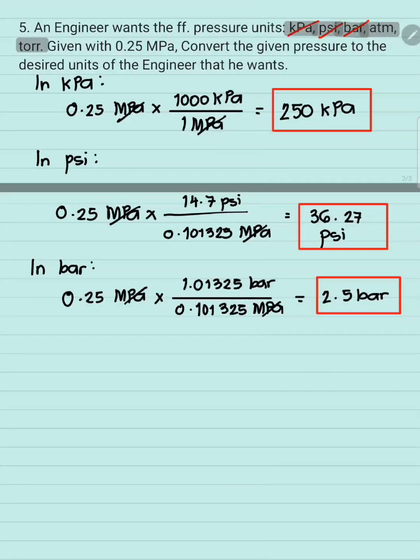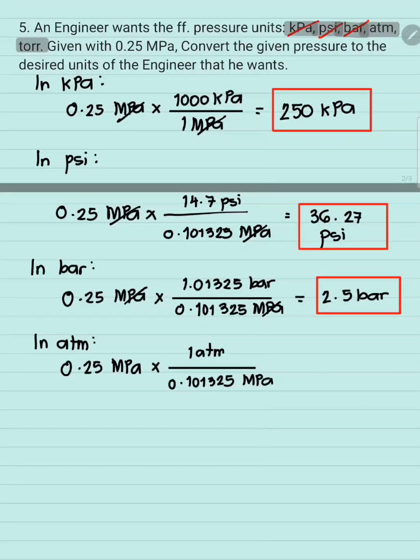So we are now down to 2 units left. In ATM, or atmosphere, we have 0.25 megapascal. For every 1 atmosphere, we have 0.101325 megapascal.